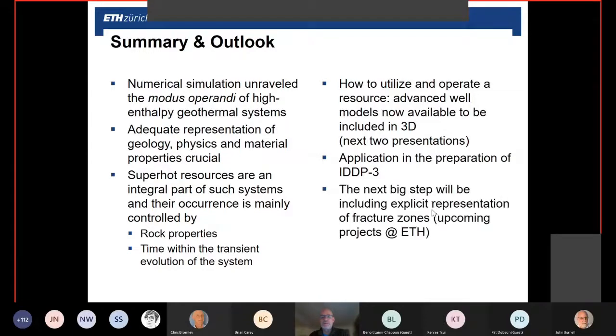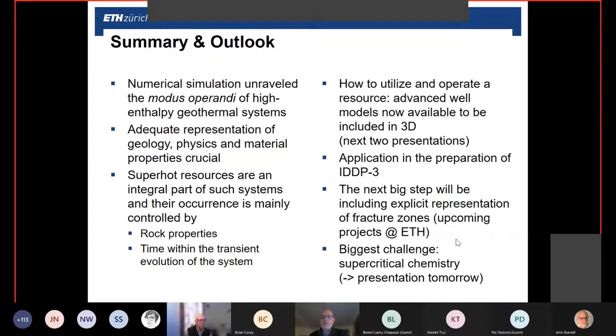That's ongoing work. The next big step in modeling will be including explicit representations of thin fracture zones, and these are upcoming projects. The biggest challenge, which I will introduce tomorrow in the other session, is understanding supercritical chemistry, because there is no thermodynamic formalism to describe it, so currently we cannot really model it.